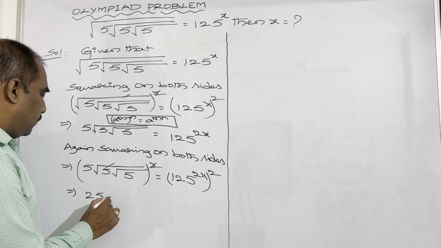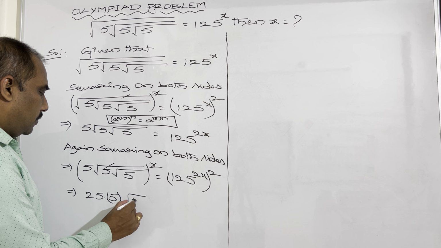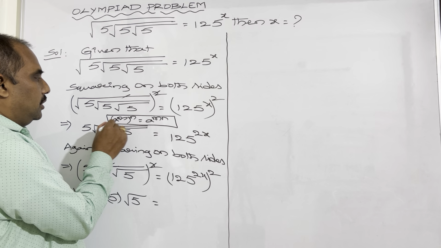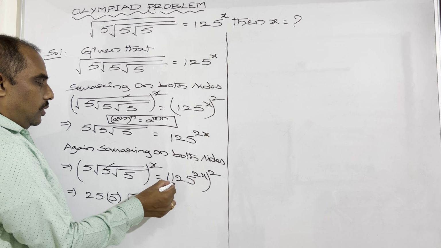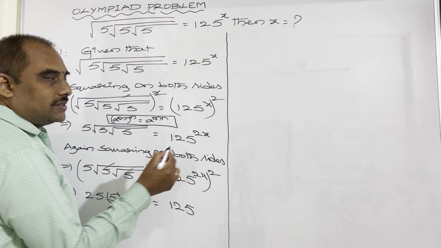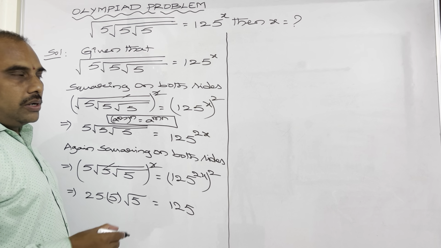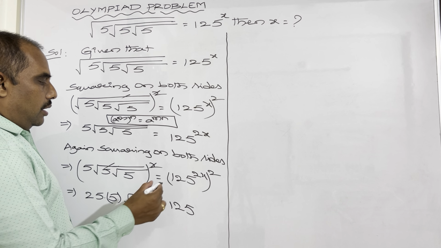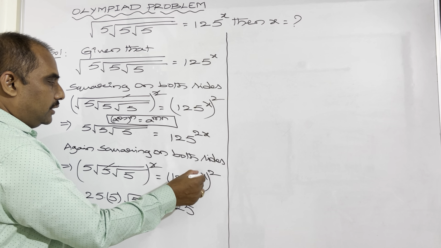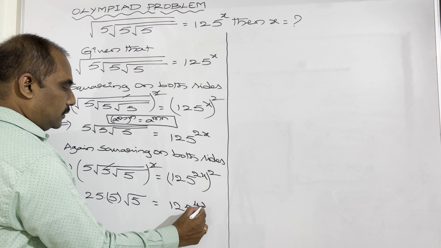Again 5 into 5 into 5 into root over 5 is equal to, by using the same property, 125 whole to the power of 2x into 2, like a to the power of m whole power n is equal to a to the power of mn. Like that, 125 whole to the power of 2x into 2, that is 4x.